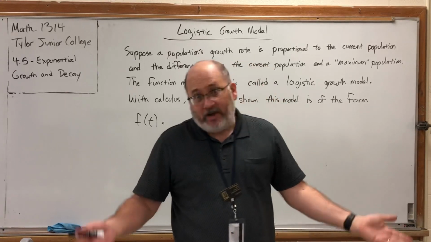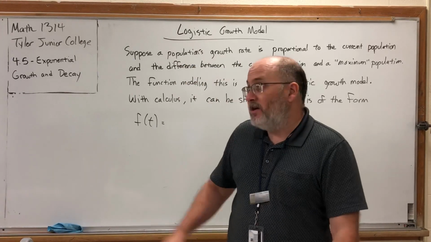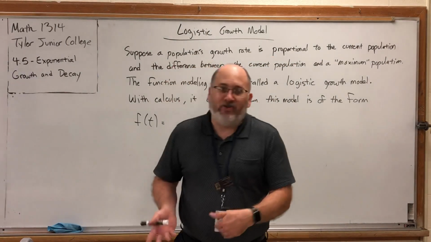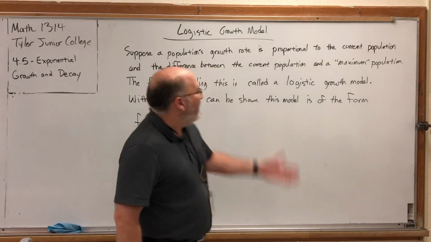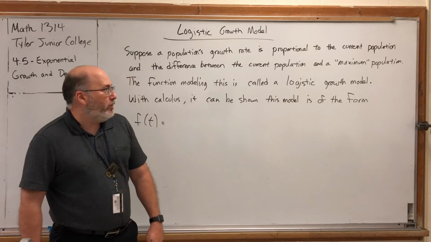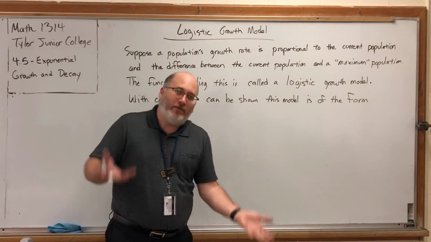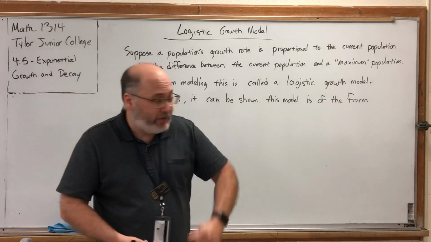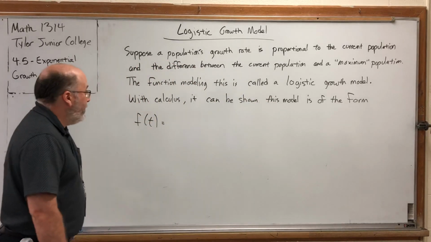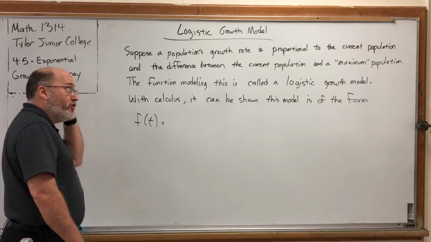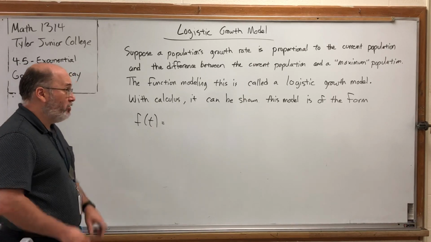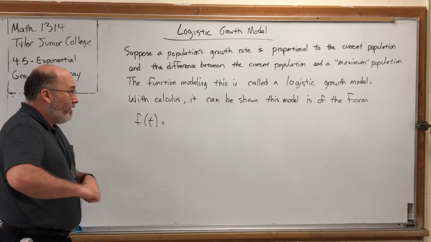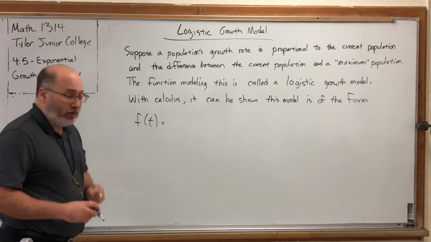So if there were, say, 50,000 people in a city, and 1,000 of them had the virus, then the other 49,000 don't. That's what this is alluding to. The growth rate is proportional to not only how many people in a population are being counted, but how many are not currently being counted. Such a situation, or the function modeling this phenomenon, is called a logistic growth model, and with calculus it can be shown that this model has a particular form.